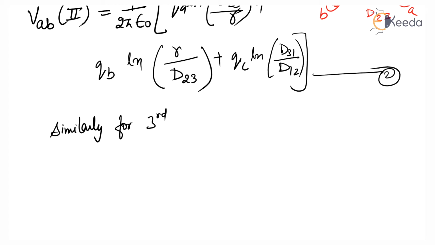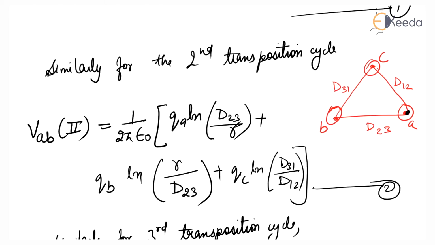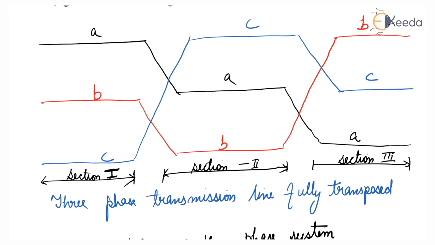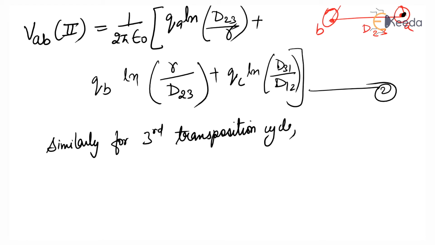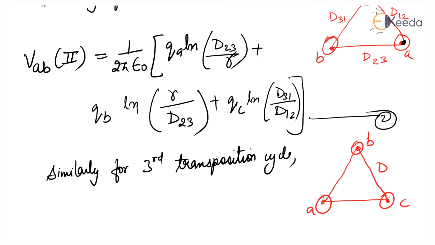Third transposition cycle is BCA, so draw the diagram for BCA, again clockwise, with distances 1 to 2, 2 to 3 and 3 to 1.